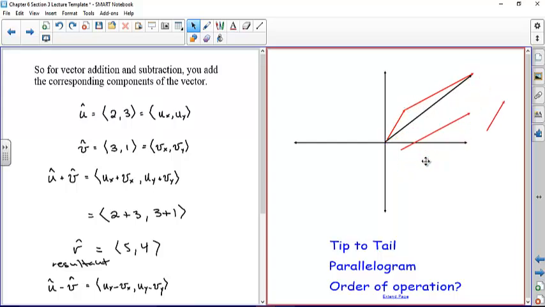method. The other one is to create a parallelogram. So you start with your initial two vectors, and then you create a parallelogram. So you have this side you duplicate, and this side you duplicate, and that creates a parallelogram, and the diagonal from the origin to the opposite angle is the resultant vector.